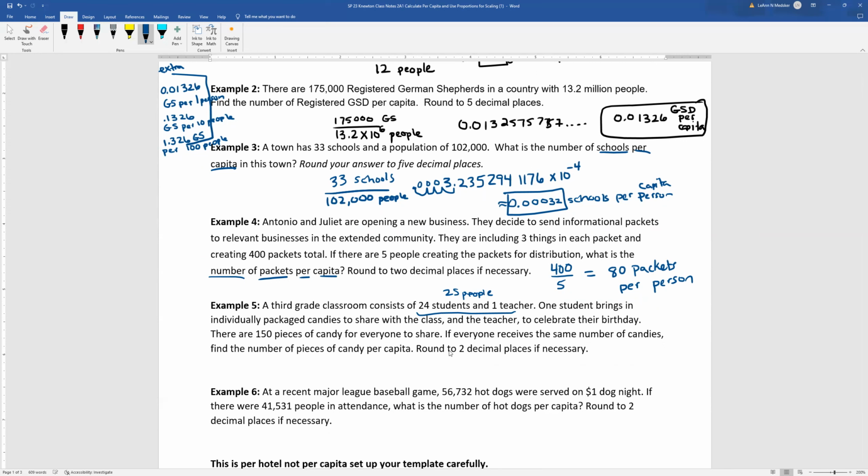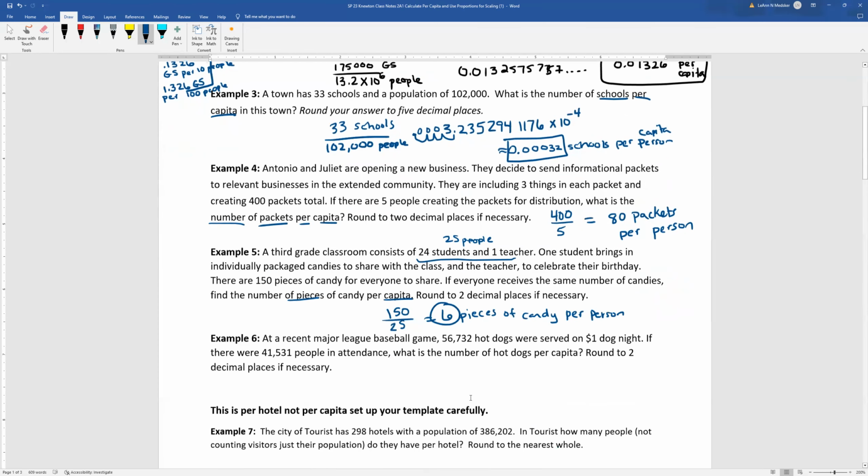We have 150 pieces of candy. If everyone receives the same number of candies, find the number of pieces of candy per capita. So 150 divided by 25, this one also comes out even, so we don't have to round, is 6 pieces of candy per capita or per person.